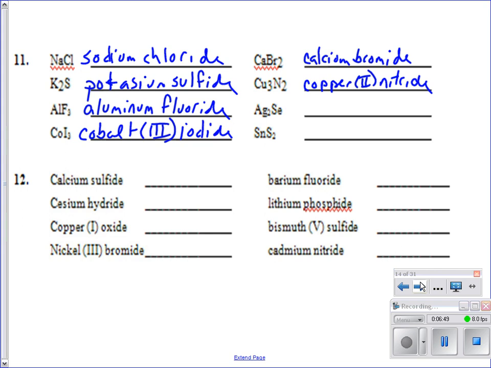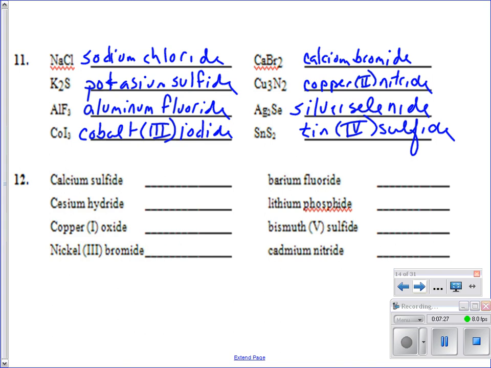All right. Does silver need a Roman numeral? It's a transition metal. No, it's one of the ones in those diagonal lines. So what is this? Silver selenide. All right. What about the last one? Tin 4 sulfide. Okay?